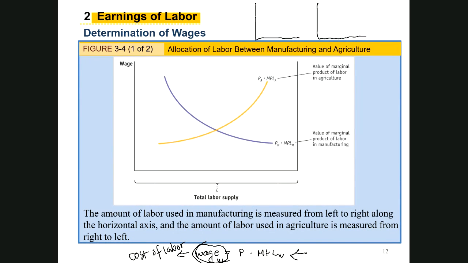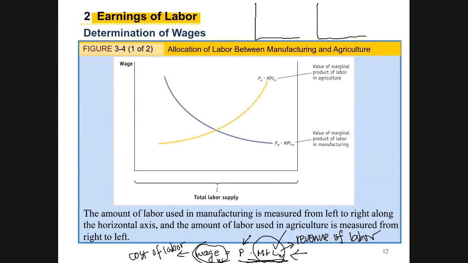On the other hand, the right-hand side is the revenue from the labor. If you hire one additional hour of labor, this is the quantity of goods that the labor hour makes, and this is the price of the unit of goods. So these two terms are supposed to be the same, right?